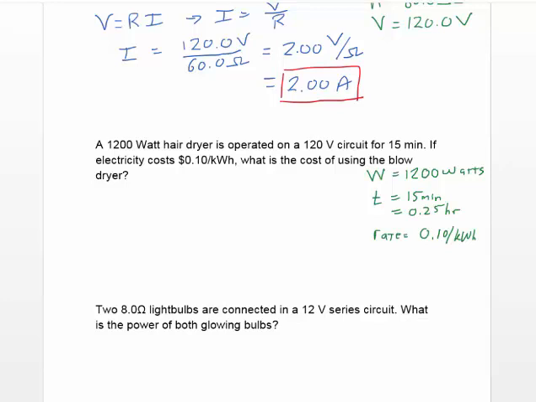Now let's go ahead and get our equation here. And this was equation 6.7 in this textbook.